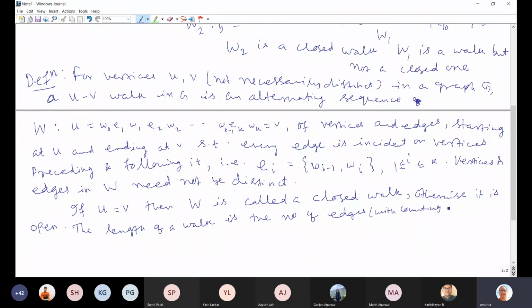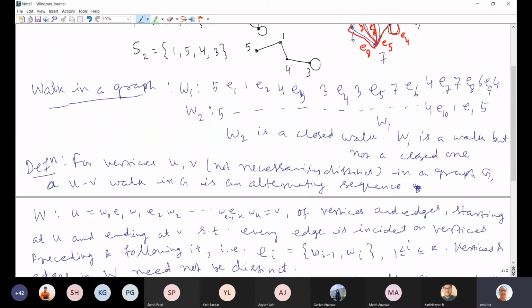So I am writing: with counting multiplicity, the number of edges appearing in the walk. That is what the length of a walk is, and in this definition, the length of the walk W is k.